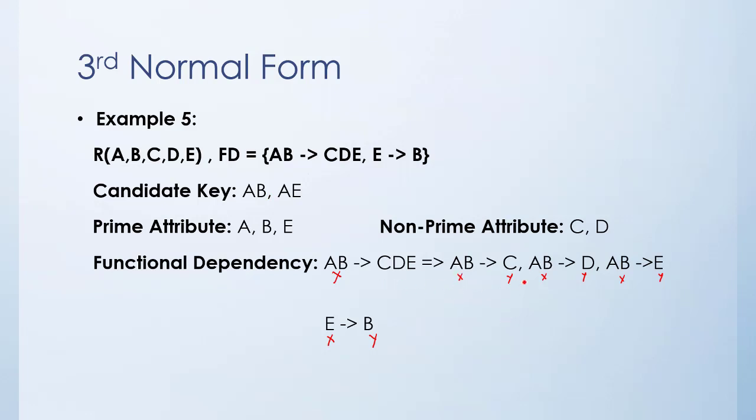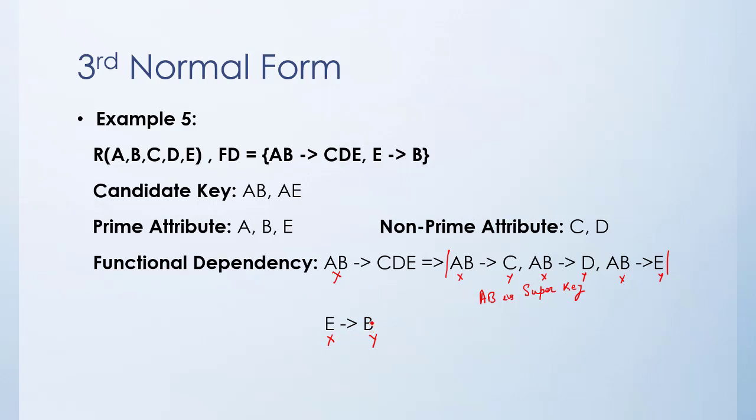So as AB is a super key, all three of these satisfy one of the conditions of 3NF. So we need not further analyze this set of functional dependencies because AB is a super key.